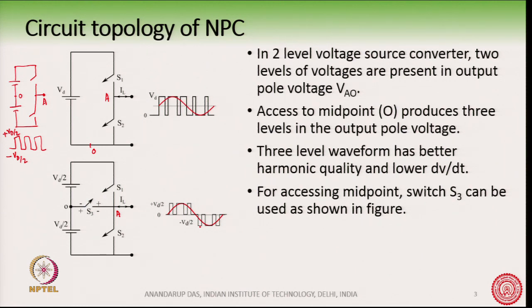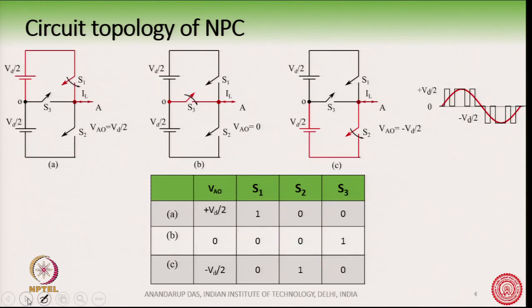So, it is physically present inside the converter. So, let us now see that if I use such a circuit, how can I get 3 levels of waveform output. Okay.